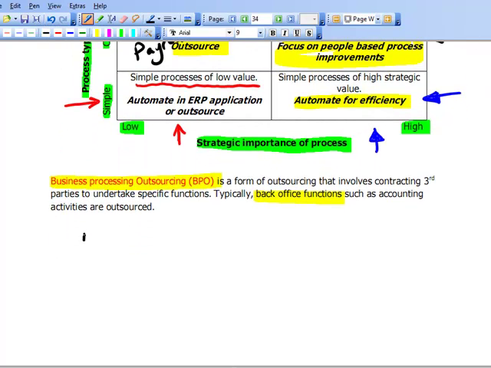Now, you can probably guess this. There are certain benefits of this, so positive points and negatives. A positive could be cost saving, for example. It could be cheaper to outsource. Another positive could be that you're giving it to experts that understand the field.